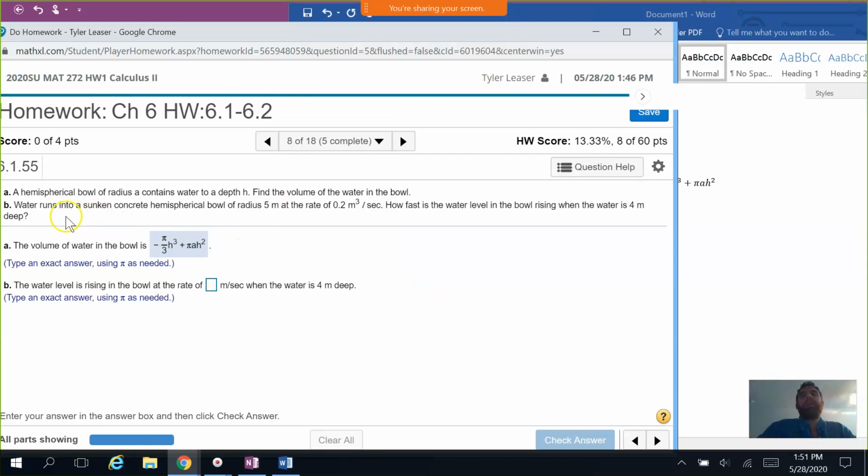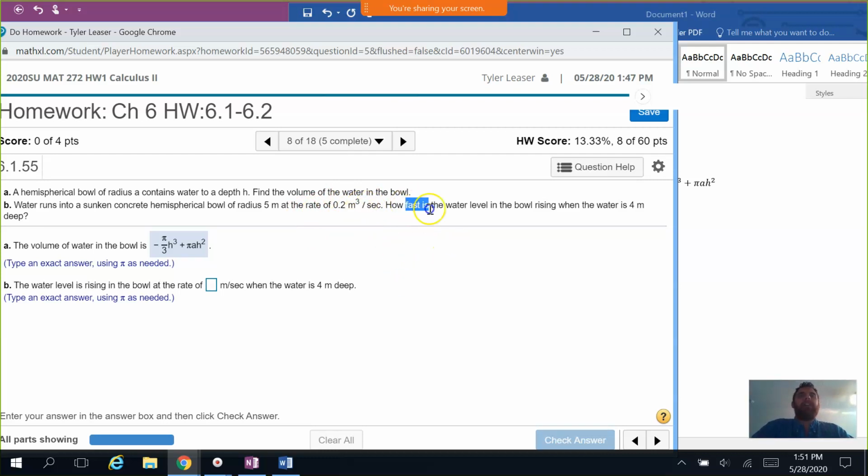What this next part is asking us to do is figure out how fast the water level in the bowl is rising when the water is 4 meters deep, with a bowl of radius 5 that we have water running into at 0.2 cubic meters per second.